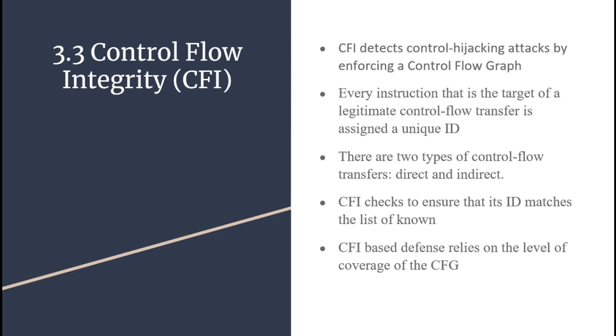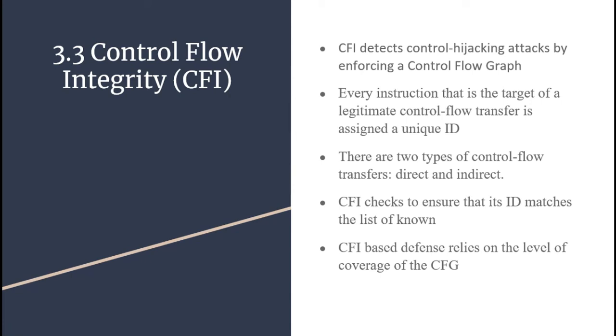Next is Control Flow Integrity, or CFI. CFI thwarts control hijacking attacks by ensuring that the control flow remains within the control flow graph intended by the programmer. Every instruction that is the target of a legitimate control flow transfer is assigned a unique ID and checked, inserted before control flow instructions, to ensure that only valid targets are allowed.